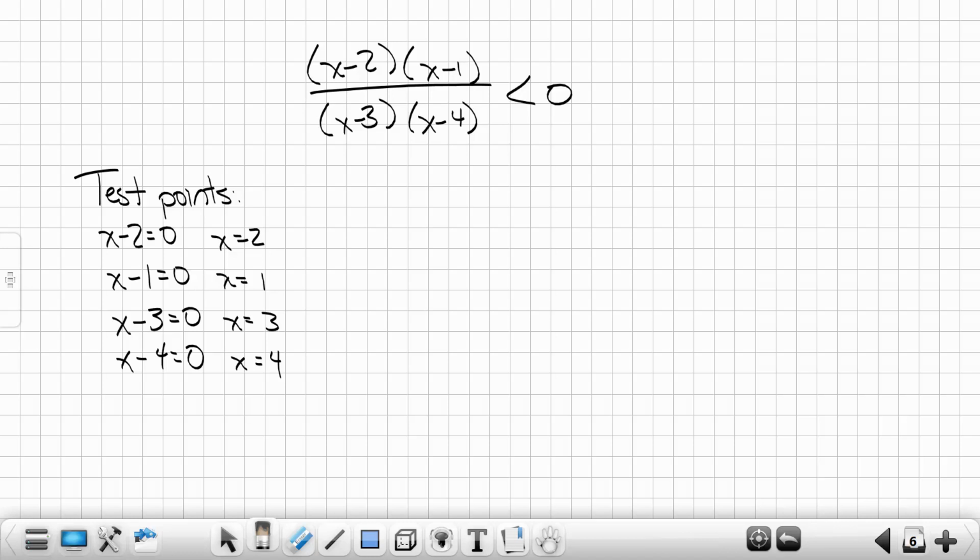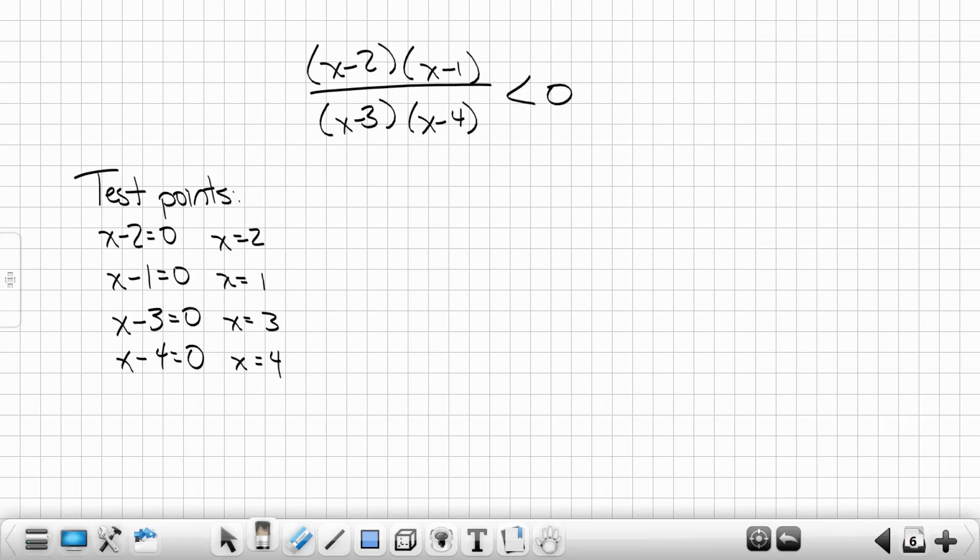If I plugged in 4, I'd get undefined because I'd be dividing by 0. So these test points are the ones I can't plug in. But I know something's going on around these points, so I pick things less than, greater than, and in between.